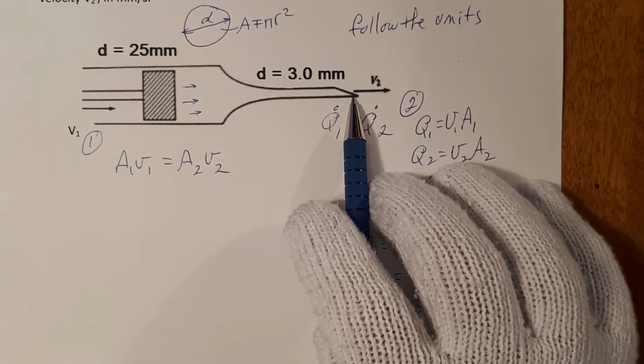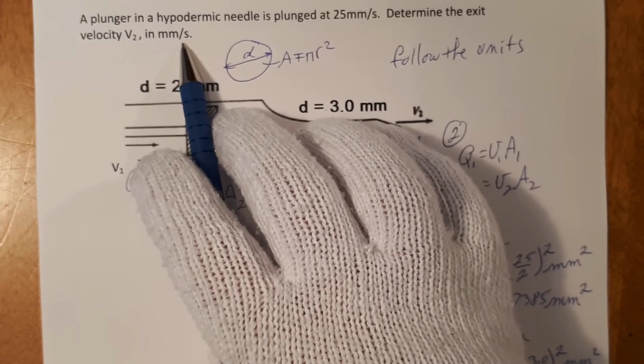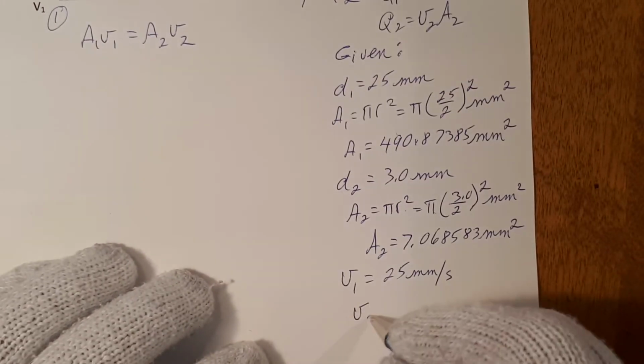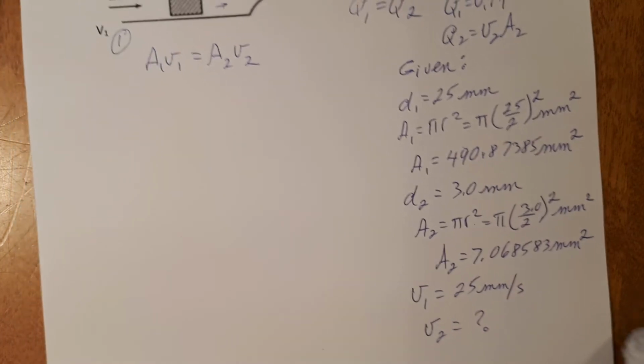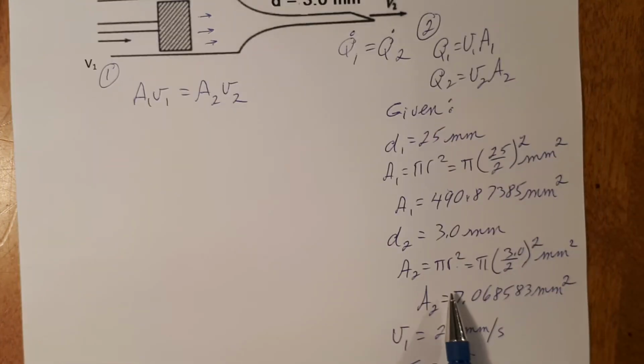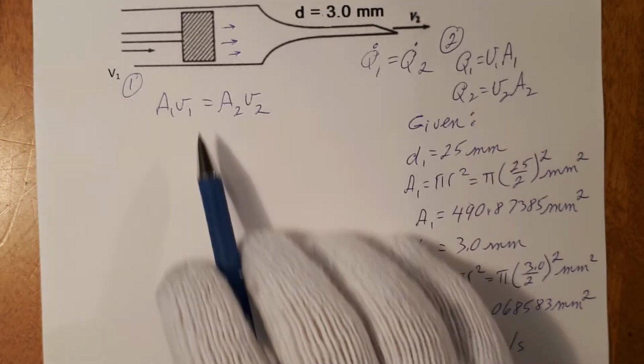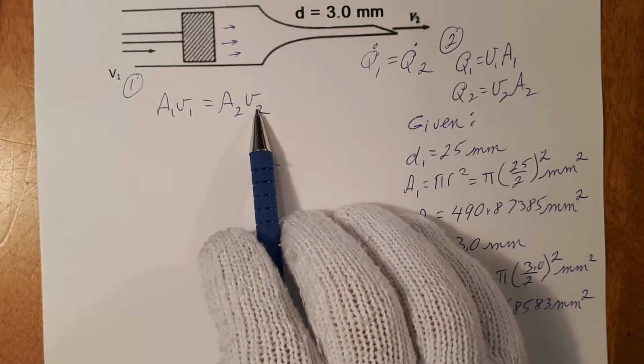And we're asked to find what the exit velocity is here in terms of millimeters per second. We don't know it, but we have everything we need. It's just a matter of putting these numbers into our equation and solving for V2.